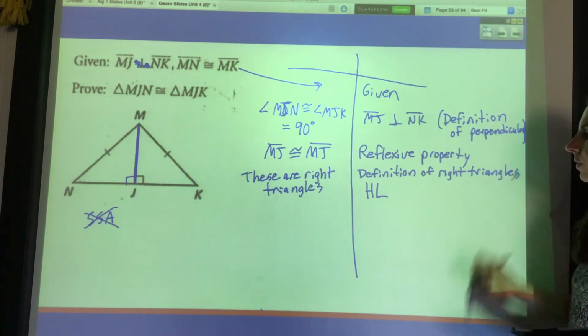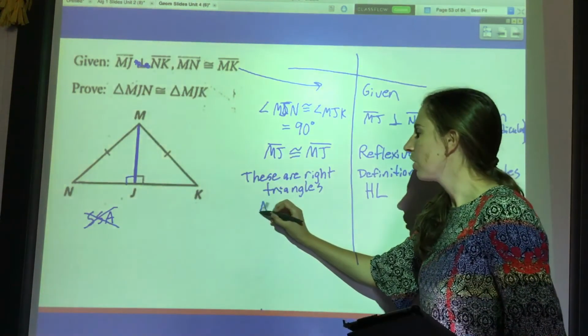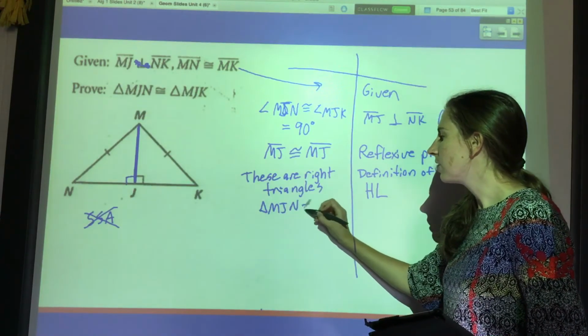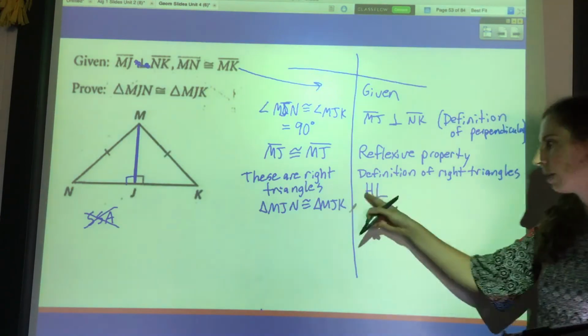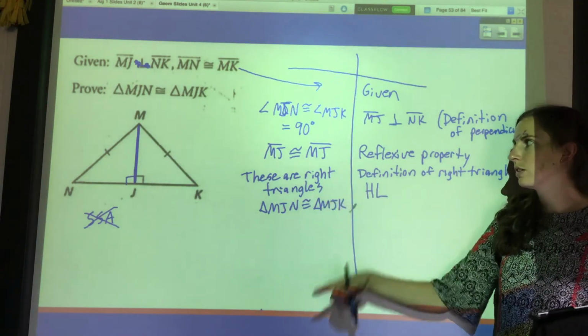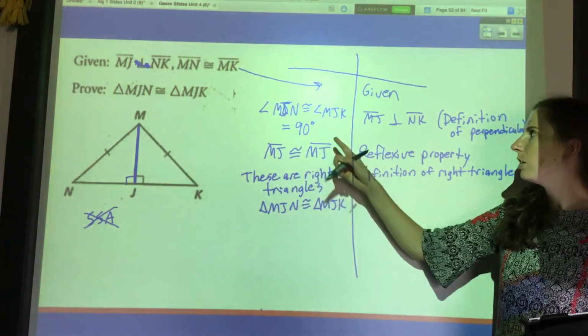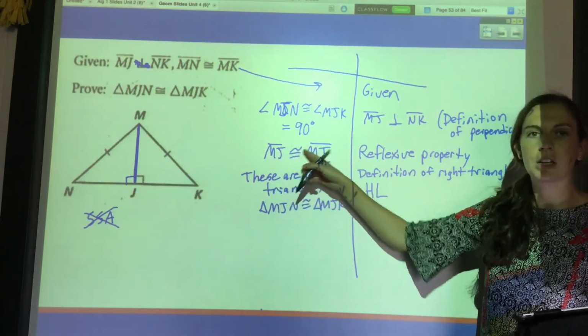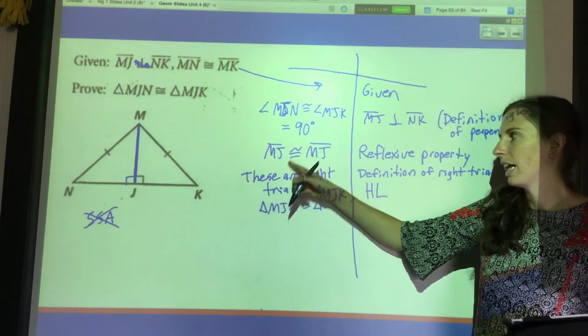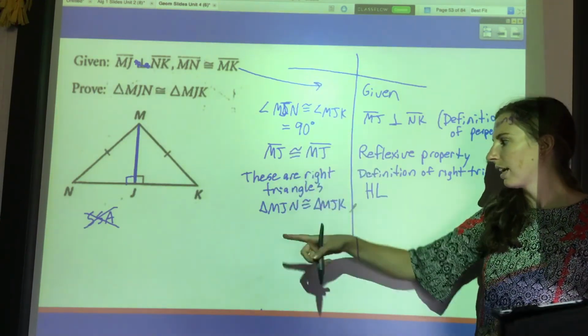And so I know triangle MJN is congruent to triangle MJK because of hypotenuse leg. They're right triangles, they share a hypotenuse, that was given, and they have a congruent leg because it was literally the same leg, and so that's hypotenuse, leg, there we go.